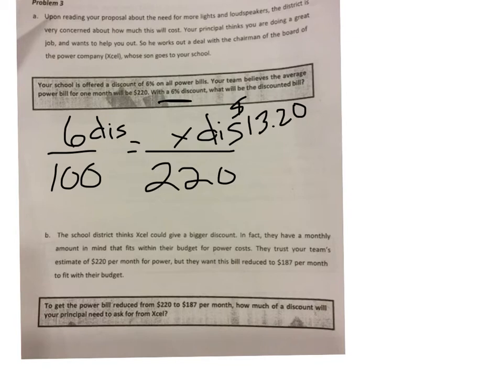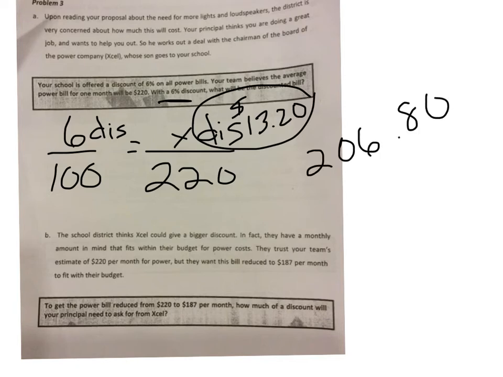It says, what will be the discounted bill? This is just how much the discount is. So if your regular bill is $220 and you get $13.20 off of that, your discounted bill will be $206.80. All we're going to have to do is subtract those.